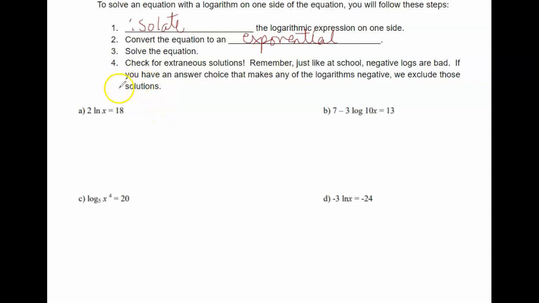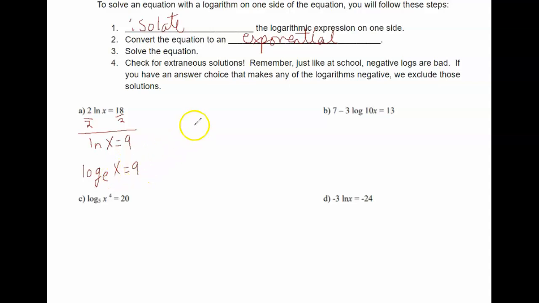My first step here is I want to isolate my log, then I want to convert to exponential form. If it helps you, we can rewrite it with a loop.